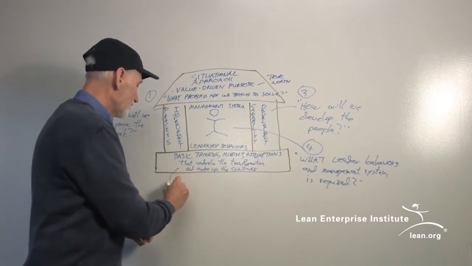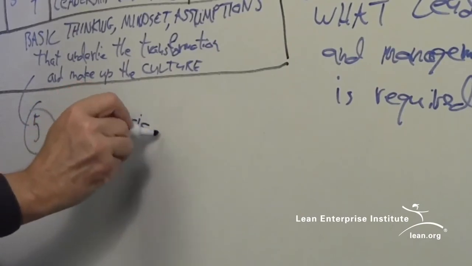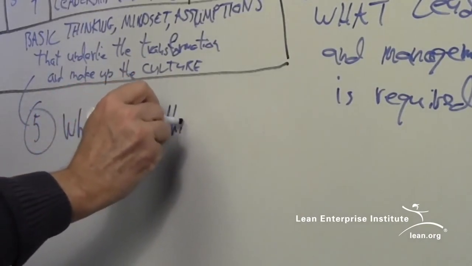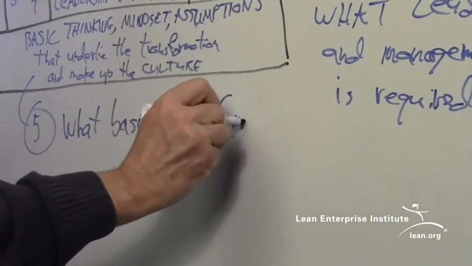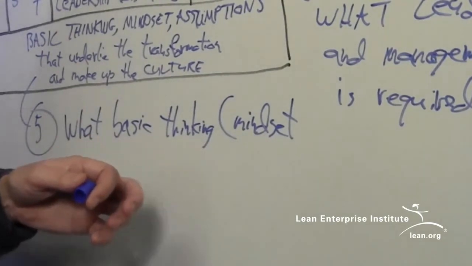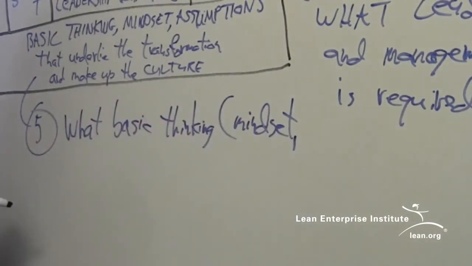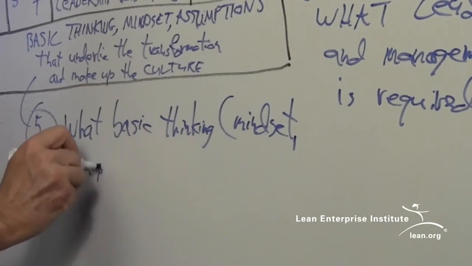Then number 5 addresses the basic thinking and asks simply, what basic thinking or mindset, and at least for these purposes, I'm using the words basic thinking, mindset, and fundamental assumptions underlie or drive this particular transformation.